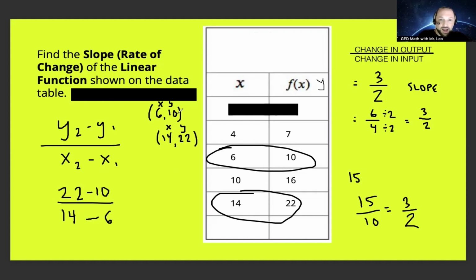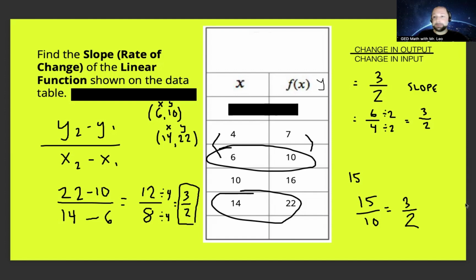Y minus Y over X minus X. 22 minus 10 is 12. 14 minus 6 is 8. We got 12 over 8. We can reduce these as a fraction. 12 divided by 4, that's 3. 8 divided by 4, that's 2. And I'm still getting 3 over 2. Essentially, this graph goes up 3 for every 2. Okay.